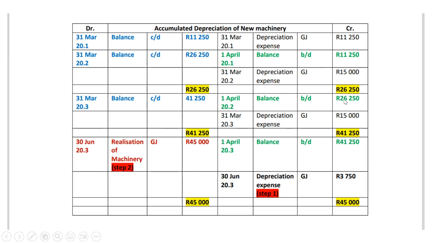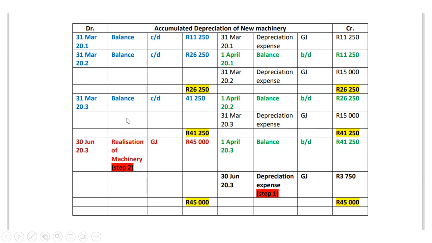Then when you add 26,250 plus 15,000, you get what? 41,250. If you go back to the schedule that we prepared, we had an accumulated depreciation of how much? 41,250. But now we need to make the credit side equal to the debit side. How is this going to happen? We need to have a balance carried down on the debit side of how much? 41,250. So both sides now are equal.